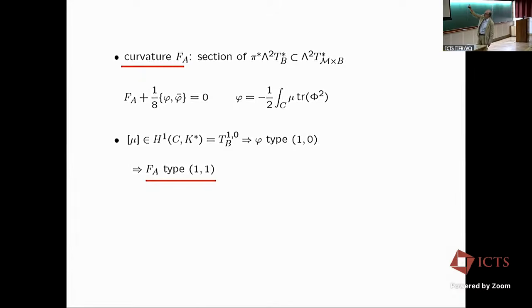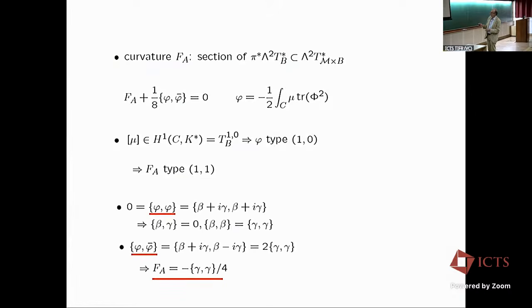So phi bracket phi bar is a 1-1 form. We deduce from that the curvature of this connection is of type 1-1. And that is a justification for thinking that the algebra bundle of complex functions along the fibers has a holomorphic structure as an infinite dimensional bundle over the base. But that will be solidified when we move on.